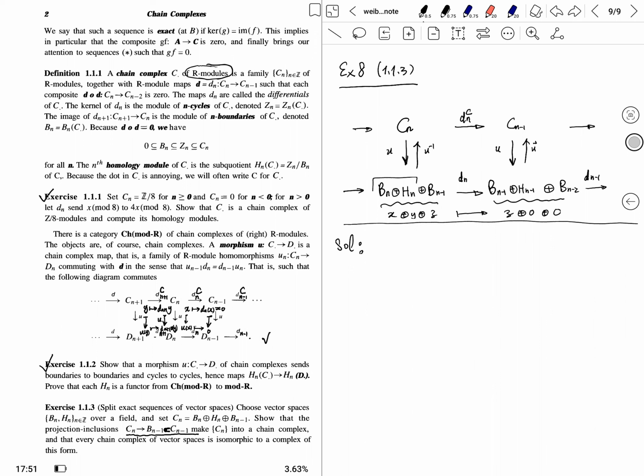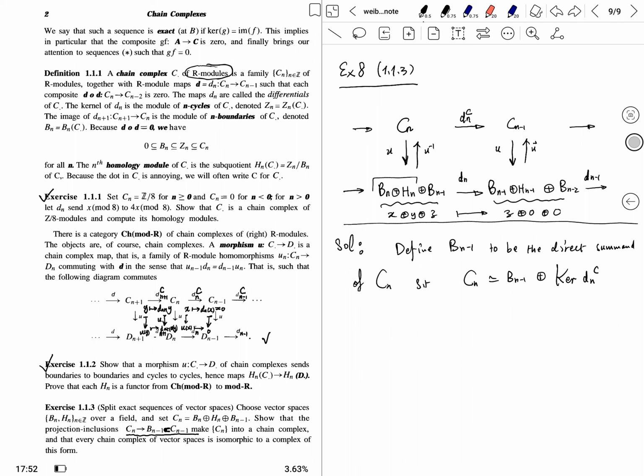This is the intuition. So I'm going to define B_{n-1} to be the direct summand of C_n, such that C_n is isomorphic to B_{n-1} direct sum with the kernel of D_n.